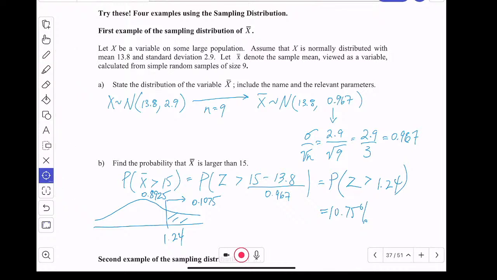Notice that 15 is quite close to 13.8. But the standard deviation is so low that it's a very tight distribution. So this turns out to be 1.24 standard deviations away, and that only leaves about a 10% chance that it'll be larger.